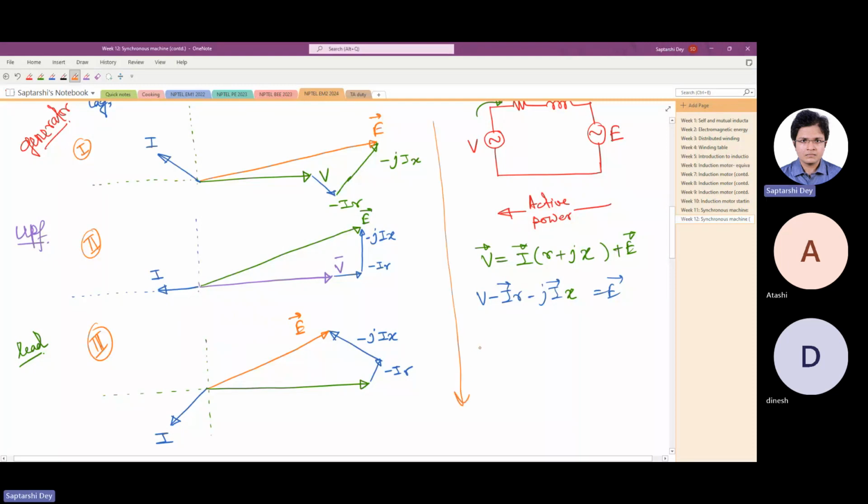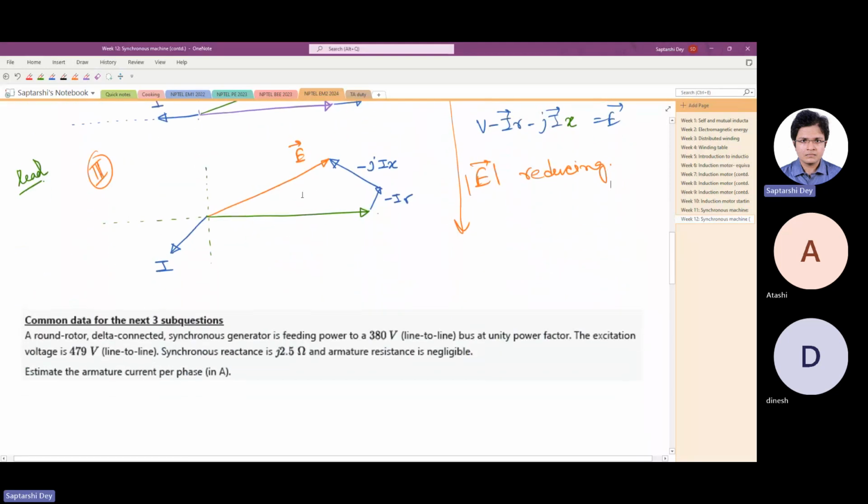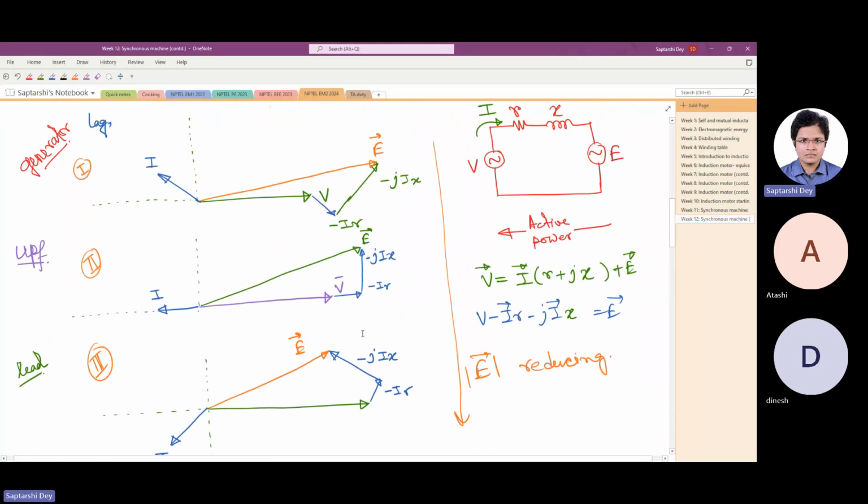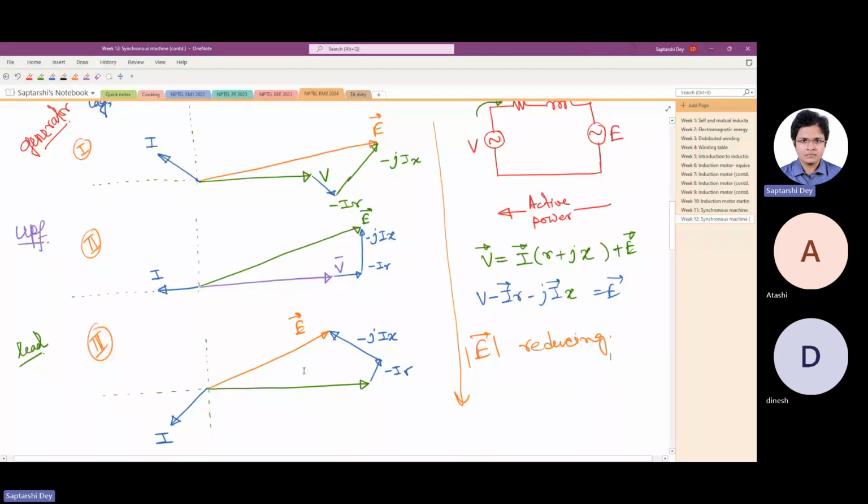If you consider E magnitude, it is reducing, which means the excitation is being reduced. So at rated excitation, you have UPF in generator as usual, like the motor, and under excitation you have lead.